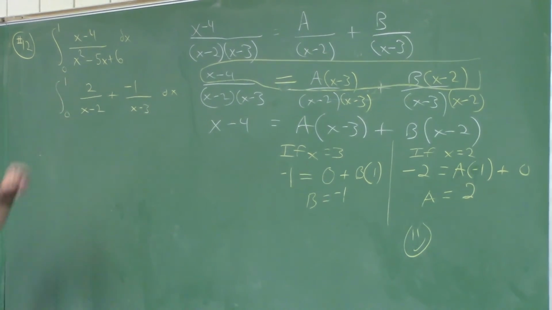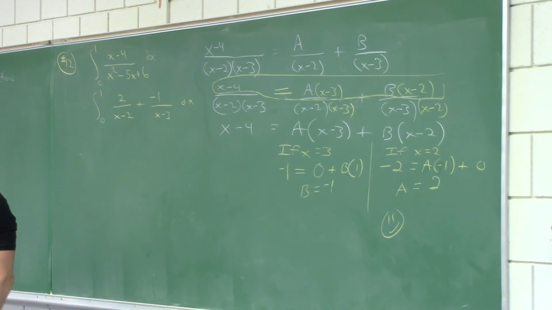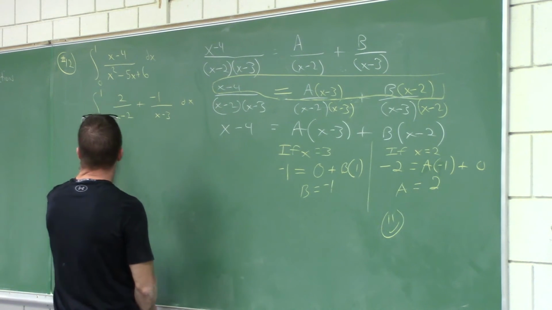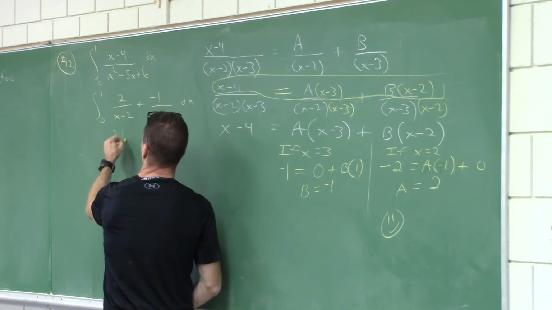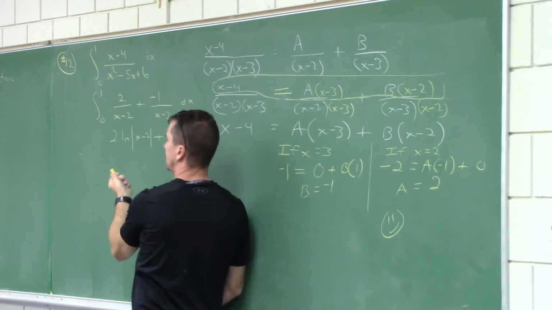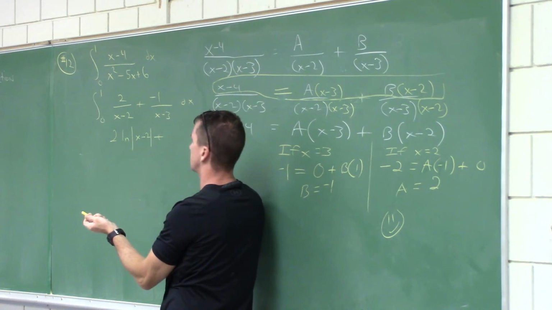You go, wait, there's numbers. Oh, we'll plug those numbers in. Two natural log of x minus 2, plus -1. You just want to put -1? Okay.